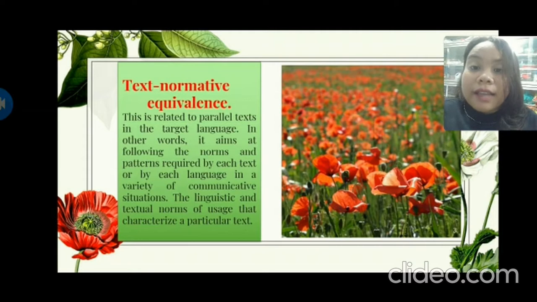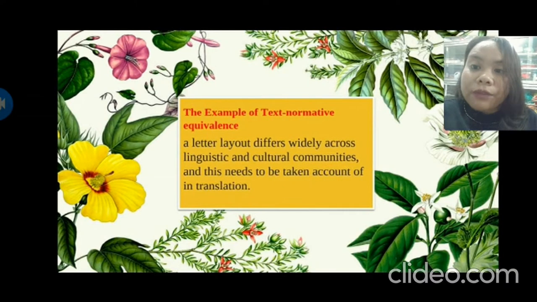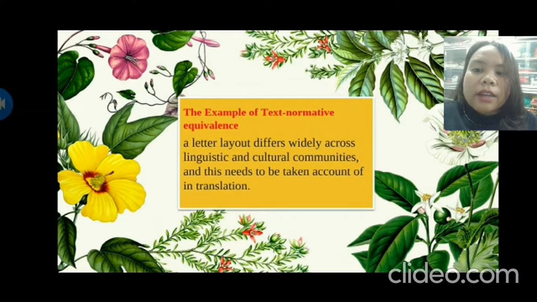The linguistic and textual norms of usage that characterize a particular text. Okay, the example of the text normative equivalence is that letter layout differs widely across linguistic and cultural communities, and this needs to be taken into account in translations. Okay? The next material will be continued by the next speaker.